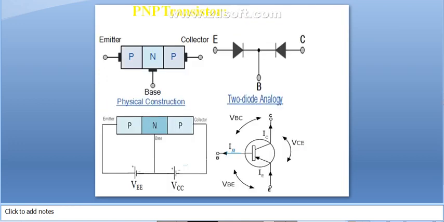Next one is the PNP transistor. Here it has one N-type layer and two P-type layers. So here also there are two diodes: the emitter base junction and the collector base junction.